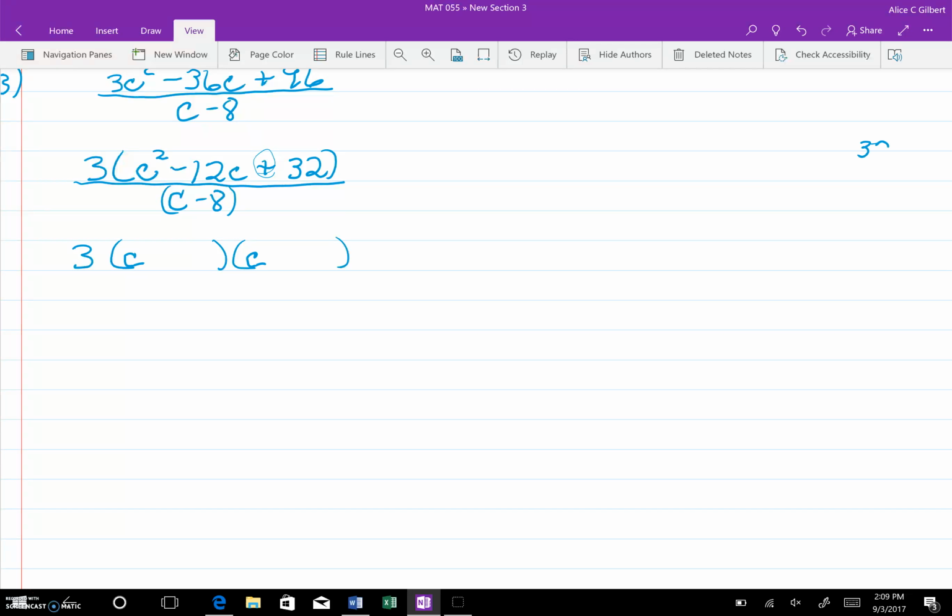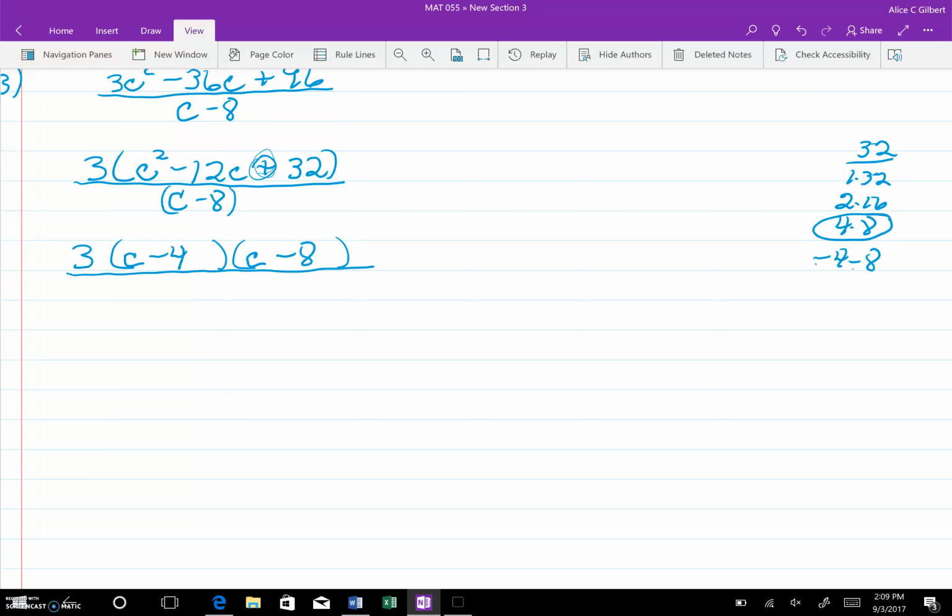So I've got my 32: 1 and 32, 2 and 16, 3 doesn't go into it, 4 and 8, 5 doesn't, 6 doesn't, 7 doesn't. I've already got 8. Looks like this pair will work if I do -4 and -8. When I add those two together, I do get -12. Last critical step, negative times a negative is a positive. That's what this guy is. I'm good to go.